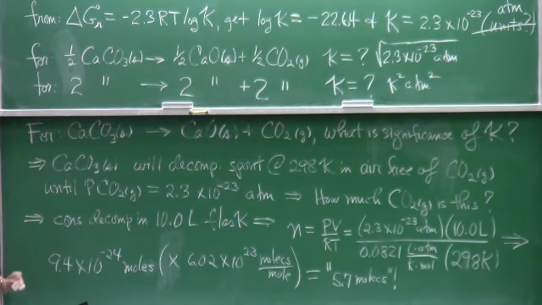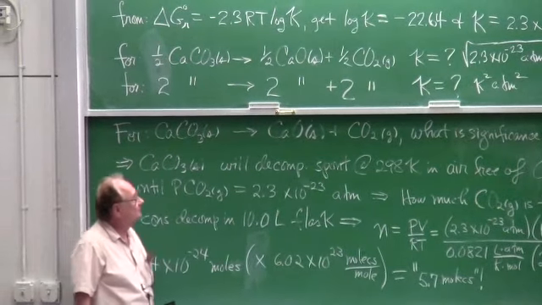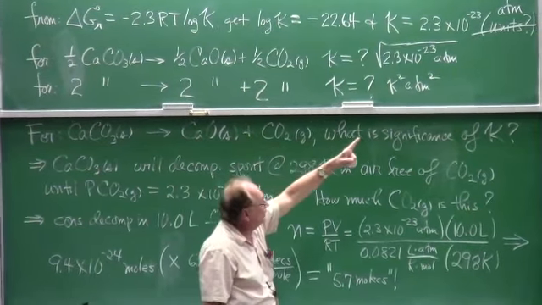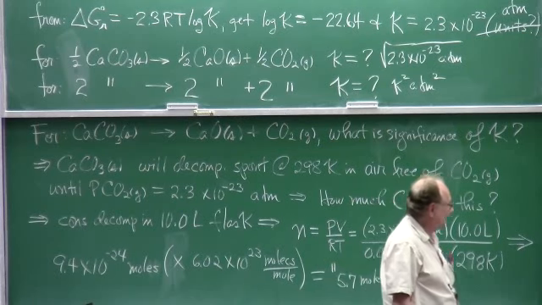Now, significance of K. There's the K value. 2.3 times 10 to minus 23. What's that mean?